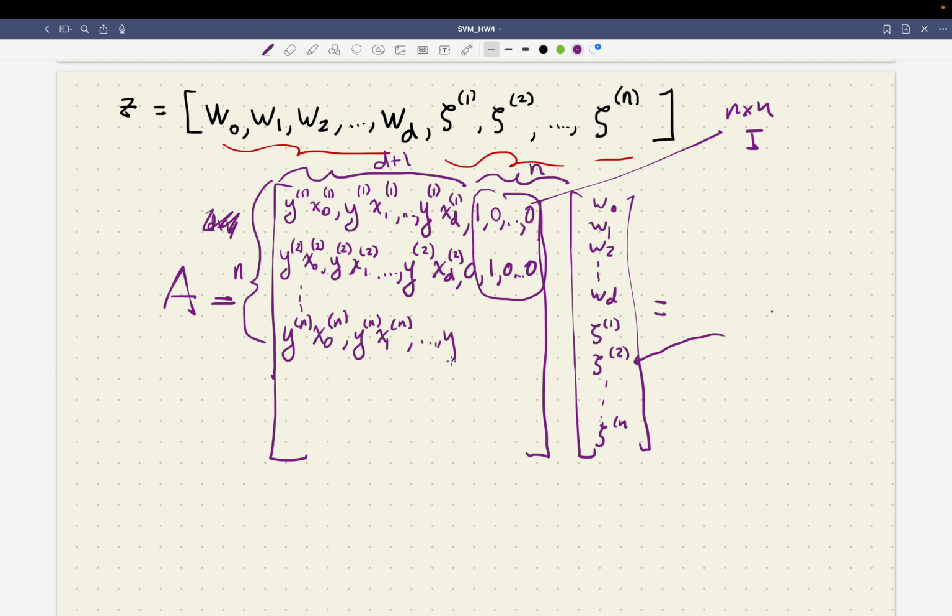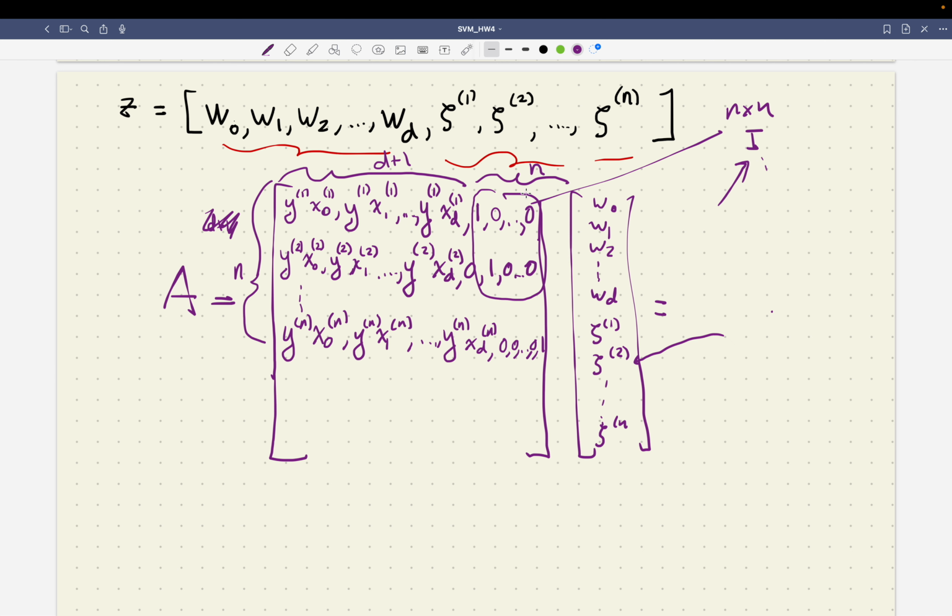And here we'll have y,n, xd,n, and then we have the part of the identity matrix that we're building over here. And so the very last one will be 0, 0, dot, dot, dot, 0, comma 1. All right, so that'll be the last row of the identity matrix.